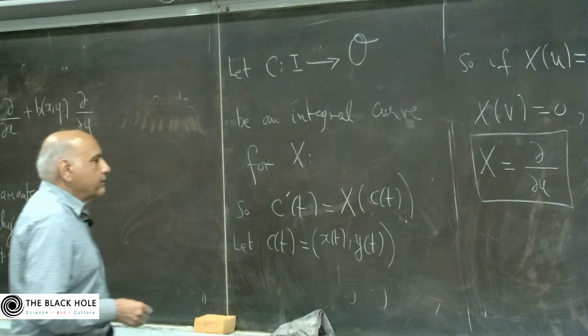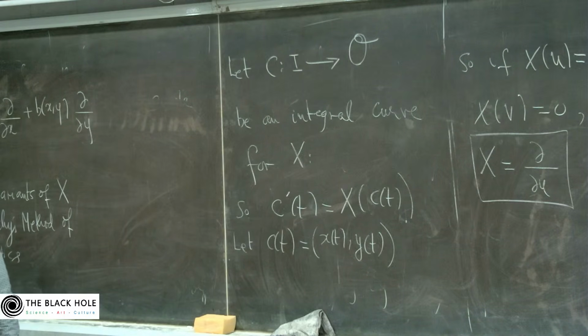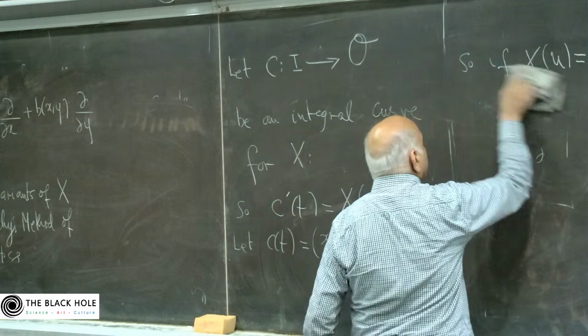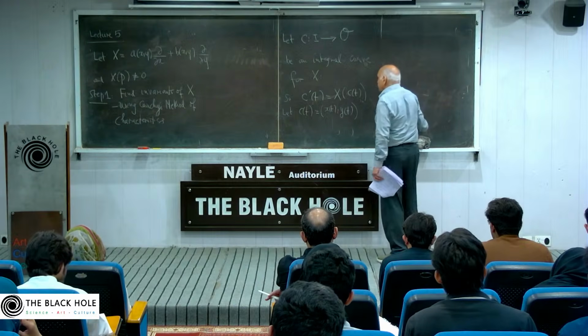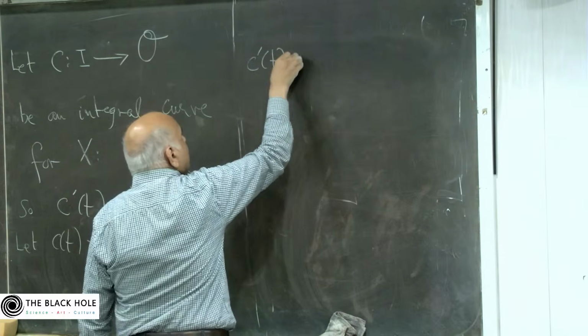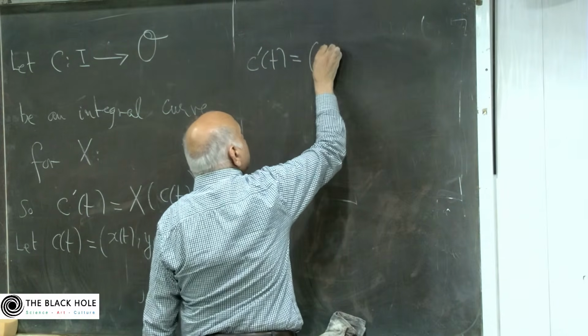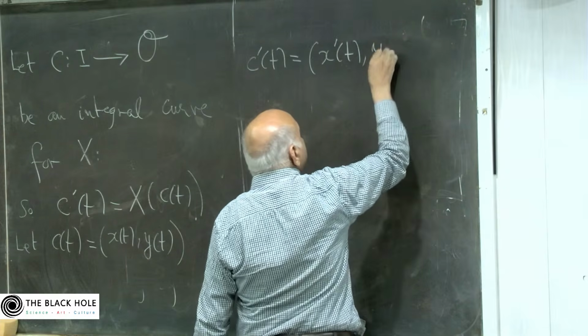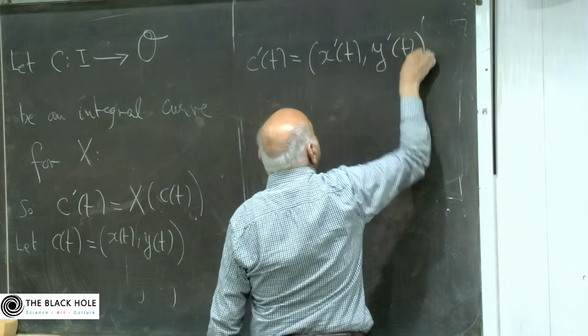What is C prime t? C prime t is x prime t and y prime t. So C prime t is equal to x prime t and y prime t.